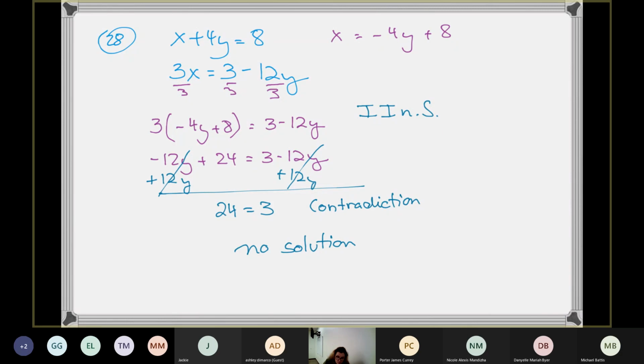Okay, everybody online, good? Let's do one last one, and let's do a fraction one. How about number 38? 38 is 8x minus y equals 8, and 1/3 x minus 1 over 24y equals 1/2.